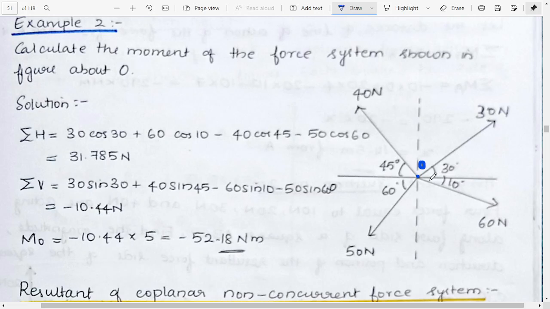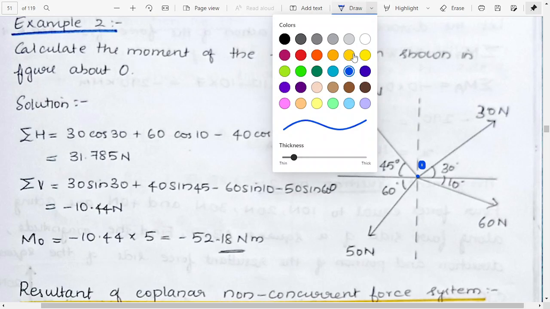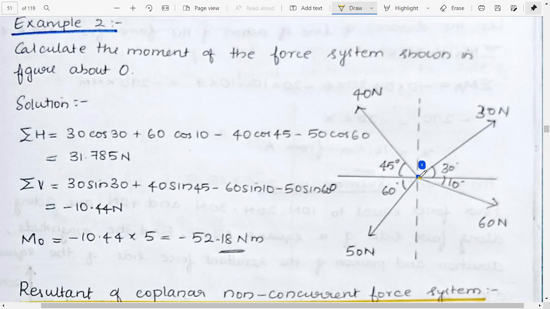So we'll get 31.785 Newton on the horizontal axis. We'll just draw that. So our horizontal resultant force is 31.785 and the vertical force is minus 10.44 Newton.